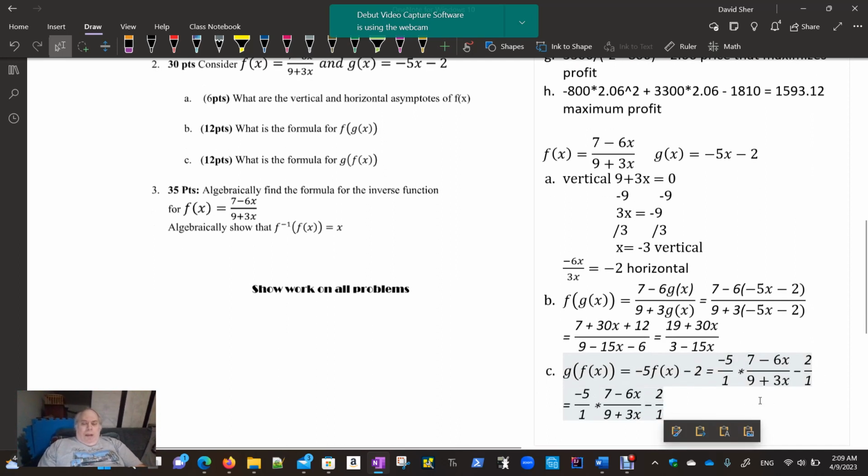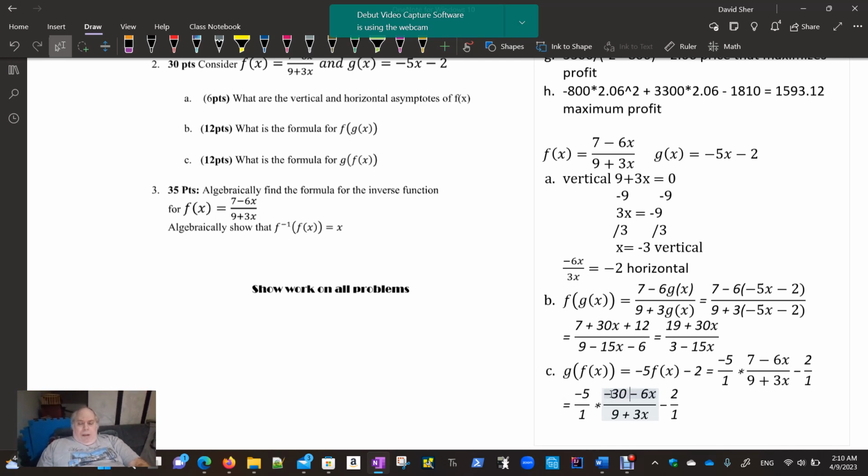Now I'll distribute the minus 5. The 7 becomes minus 35, and minus 5 times minus 6 becomes plus 30x. So this becomes minus 35 plus 30x. That's what happens when we multiply minus 5 by all of that.